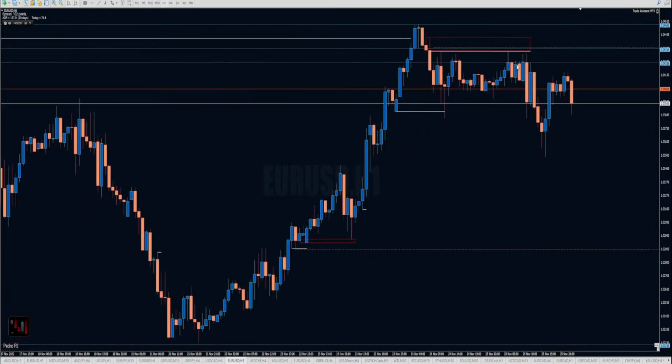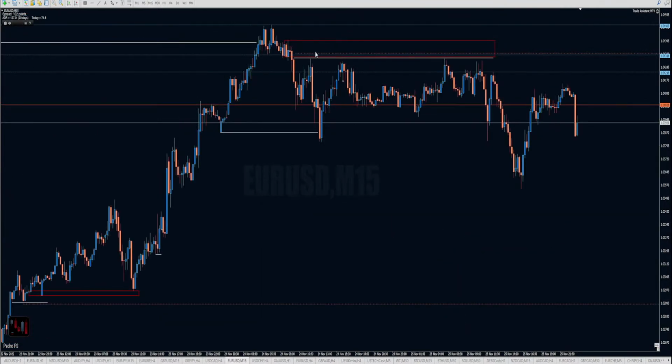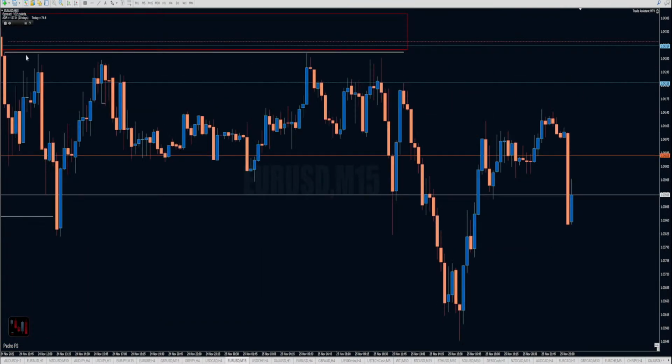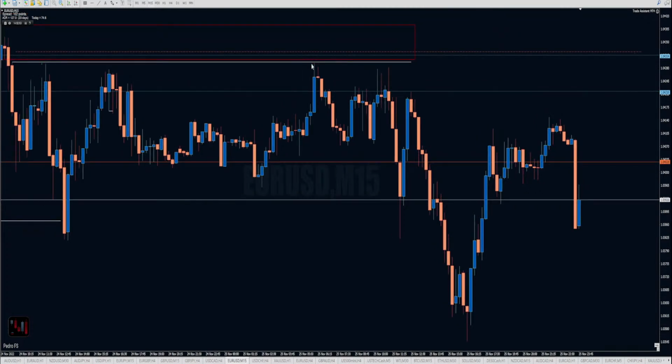And let's see. Yesterday I was looking, and it pissed me off, for price to take these highs, but it just took this one. This high in here went a little bit higher than that one, and that apparently was enough of a move to take liquidity, whatever you want to call it.